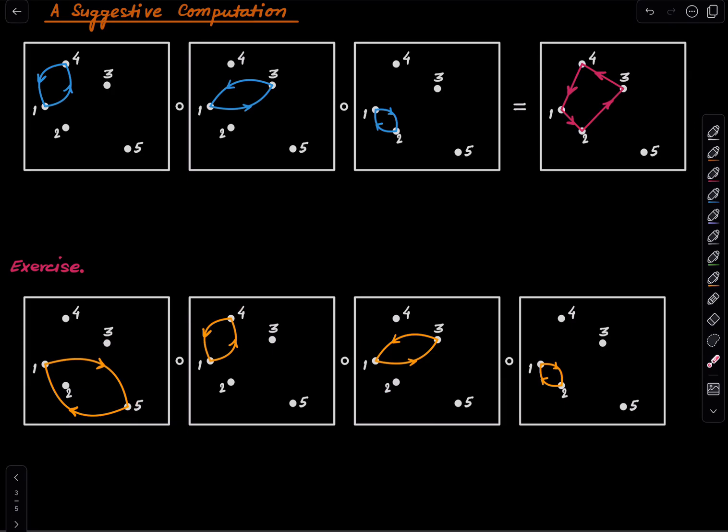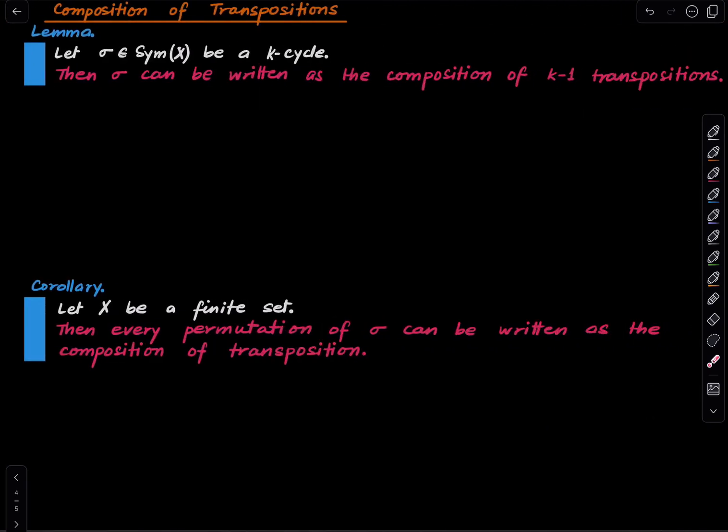I'm not going to prove it formally, but I'll state it. You can prove it if you like. It's just a simple induction. So fix any k-cycle, meaning fix a permutation of a finite set X which is a k-cycle. Then you can write the permutation as the composite of k-1 transpositions. This we observed in a few examples, and it is very easy to prove, so I don't want to write a formal proof of it.